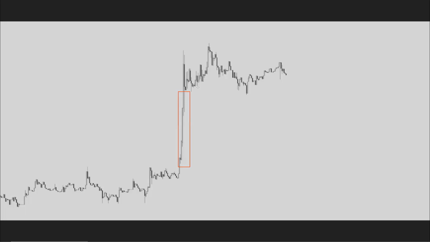So we've got a situation which repeats and which we can exploit, which is A, weakness on the bid side, and B, the presence of liquidity. So volatility comes when there's an absence of liquidity, basically, or when we get a big influx of orders.